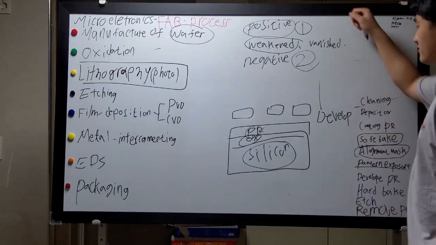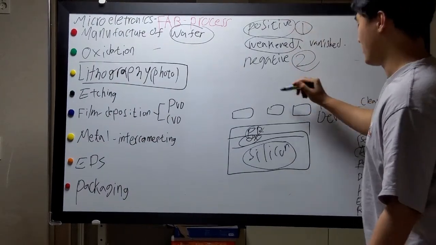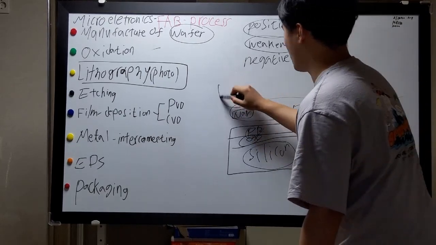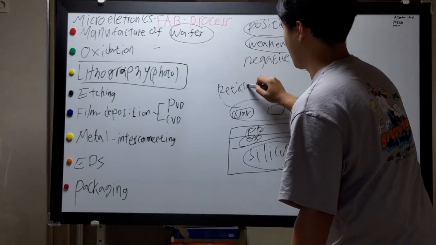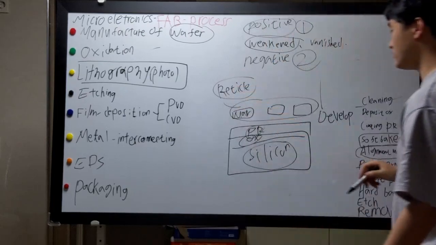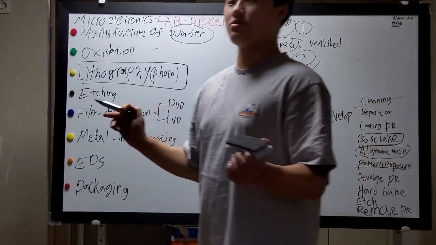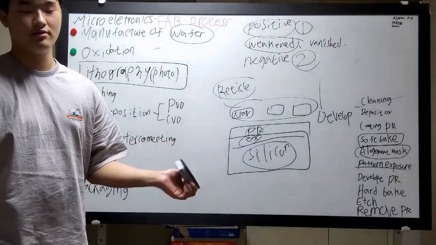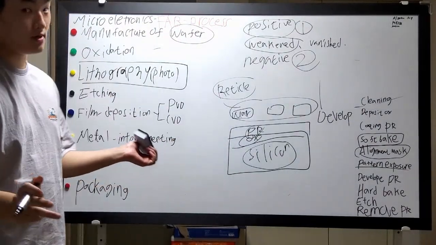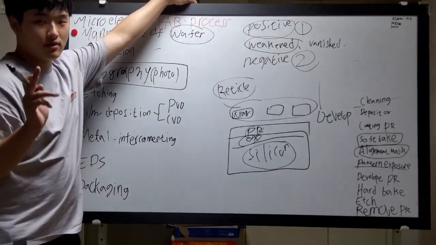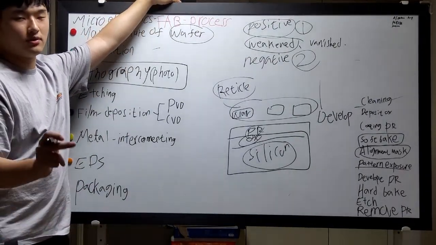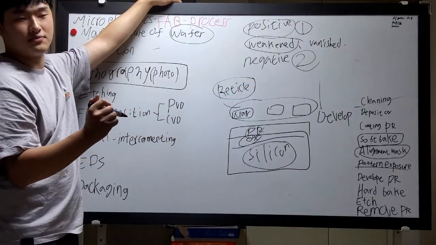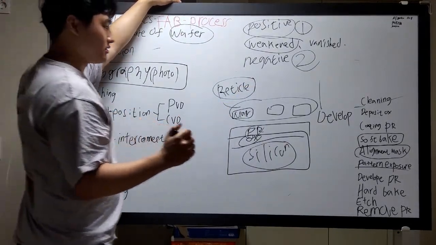Sorry, with respect to the positive way, let's see, here is the mask or reticle. Reticle or mask means when you make some patterning on the silicon or wafer, even if you are repeating or not, the mask or patterned obstacle will be needed. So let's think.